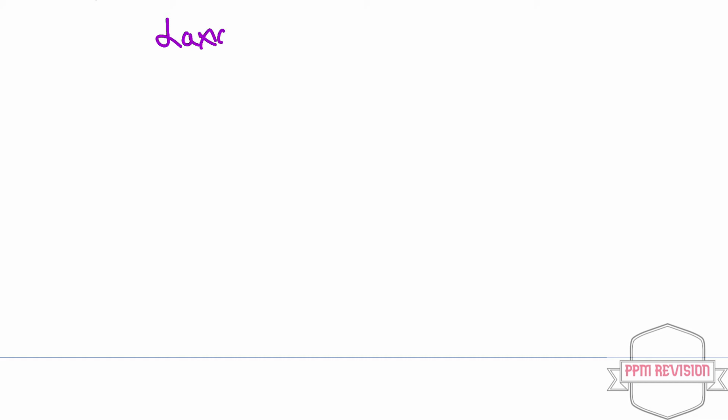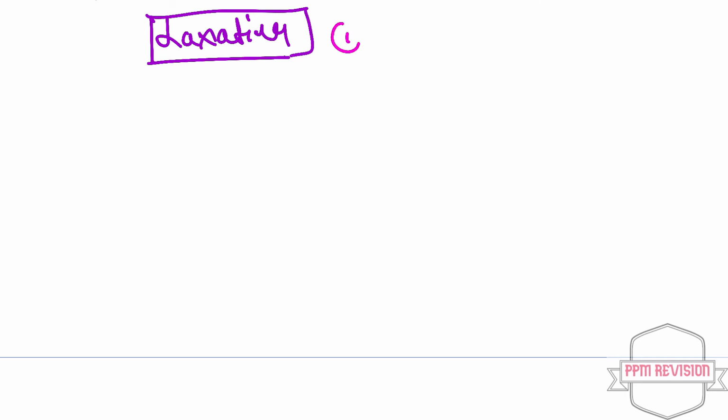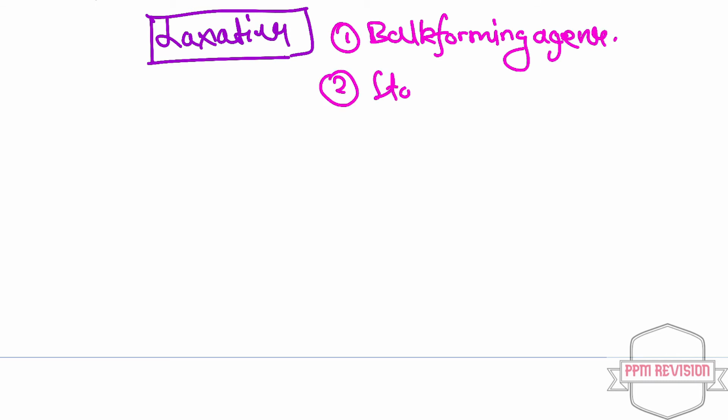So it's laxatives. Under laxatives, I'll just show the broad headings. First one, bulk forming agents. After this, there is stool softener. After this, there is osmotic purgatives.